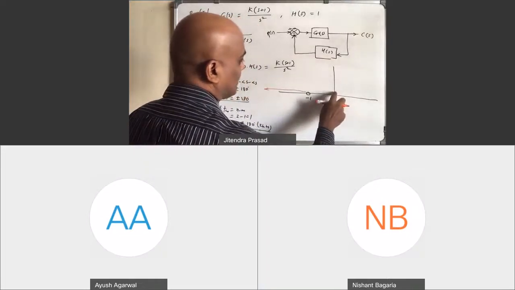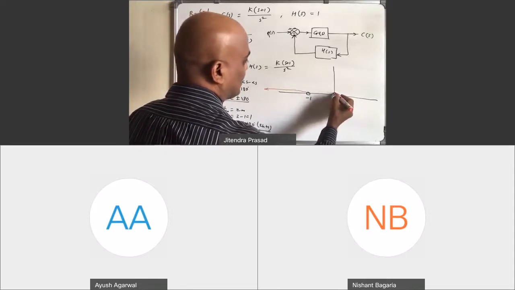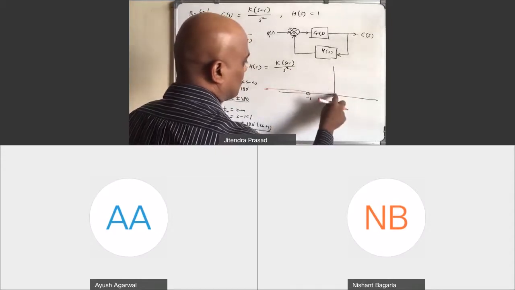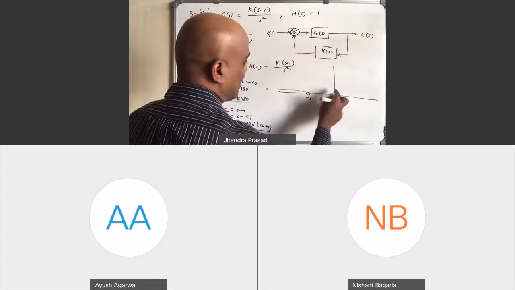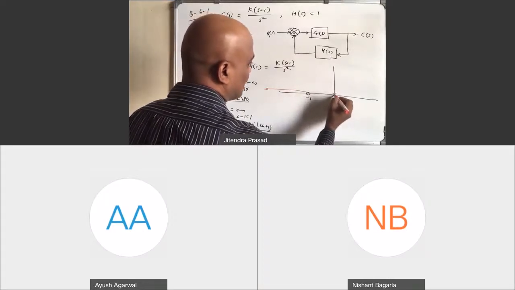At this point you have two 90-degree angles, one because of each pole, and the zero contributes 0 because it is very, very close to that. So you get 90 degrees.